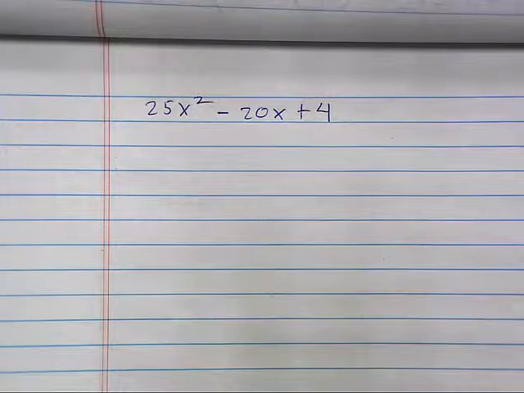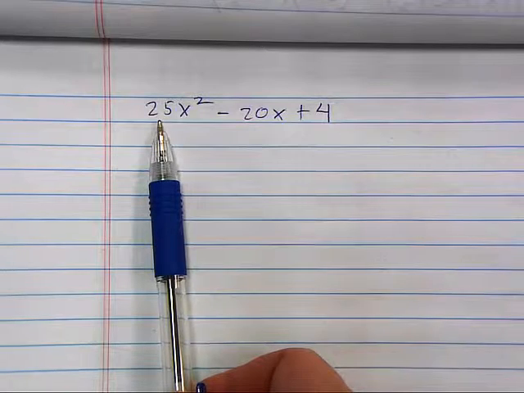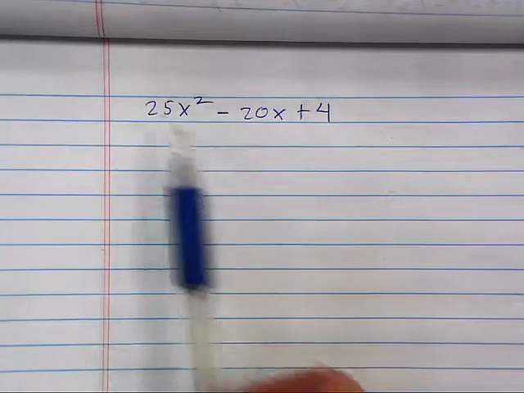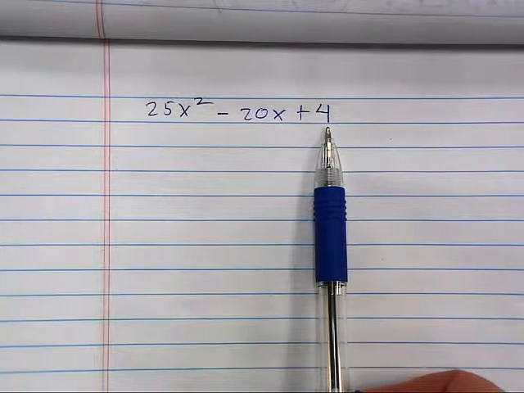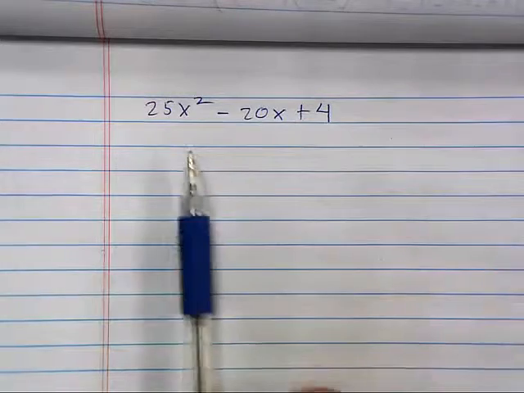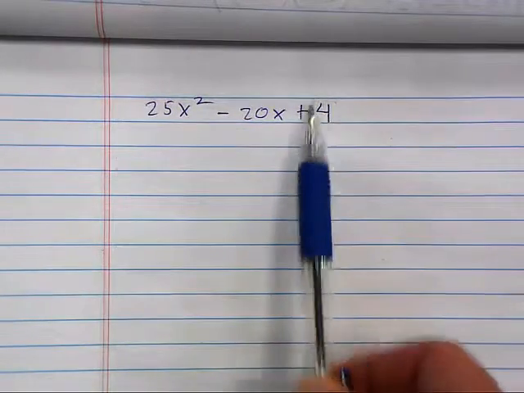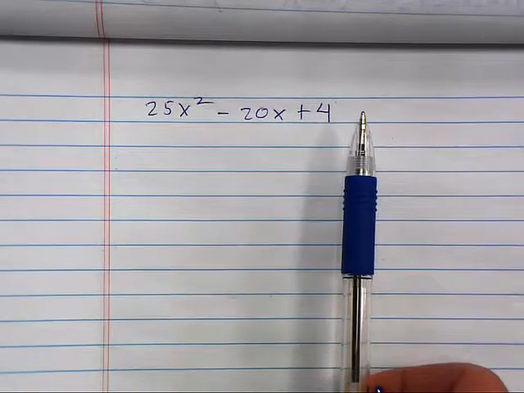Something to watch for is the first number, 25, happens to be something special. What's 25? It's 5 squared. And the number on the end also happens to be something special. What's the number on the end? 2 squared. So, if I see a square on this end and a square on that end, I'm going to try the guessing method.